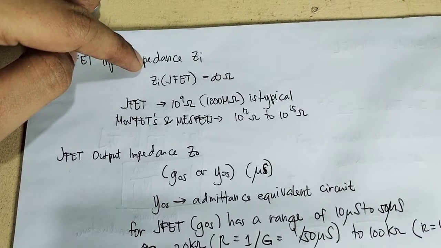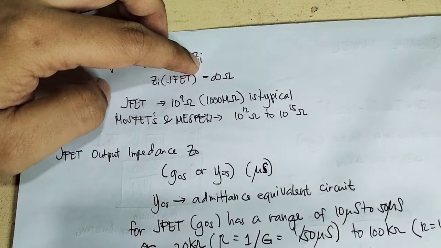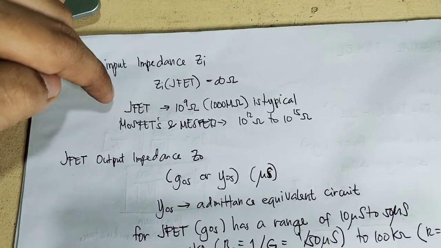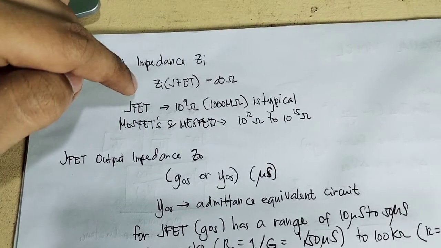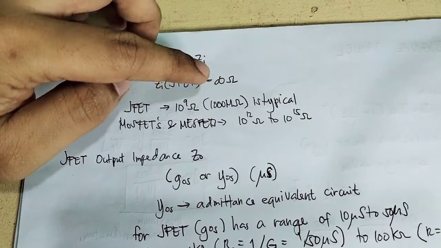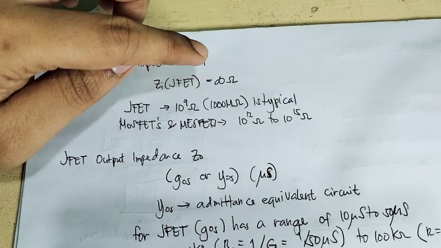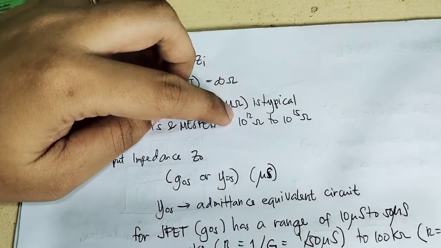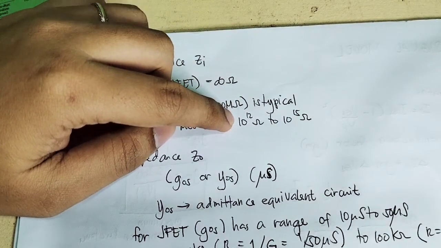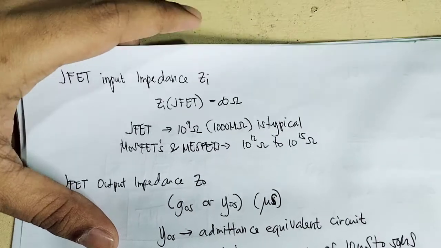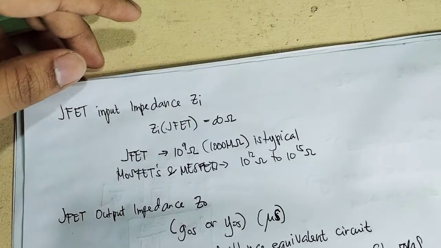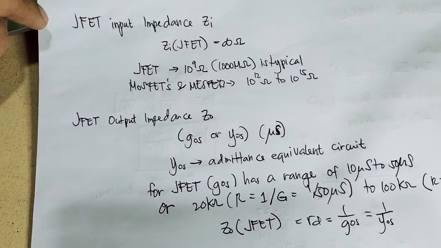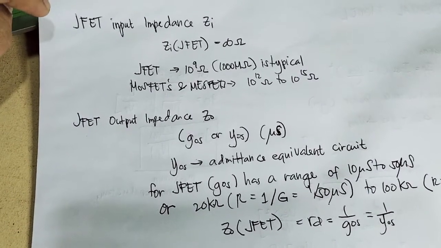Ideally, JFET input impedance is almost infinite. In an actual JFET it is typically around 1000 megaohms, and MOSFETs and MESFETs have a range of 10 to the 12 ohms to 10 to the 15 ohms. Compared to the BJT, the JFET is superior in terms of input impedance.